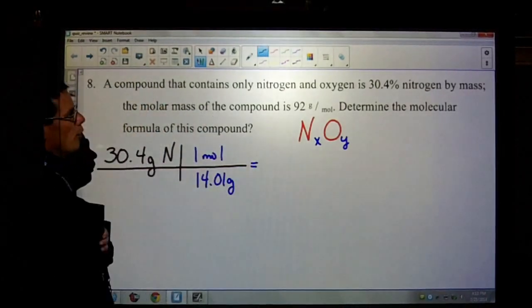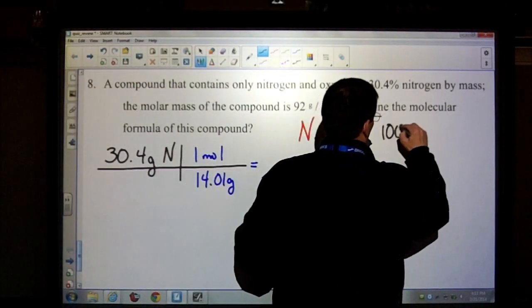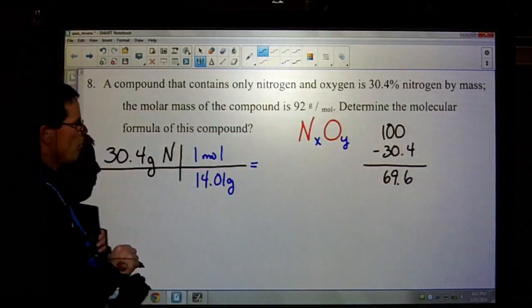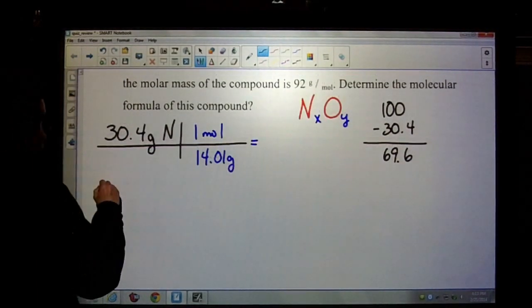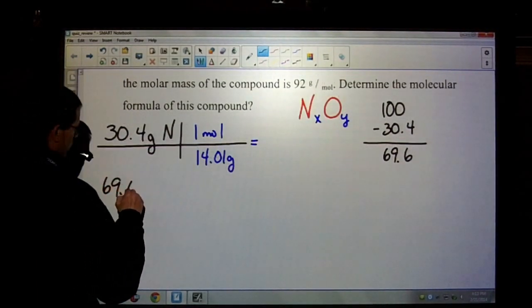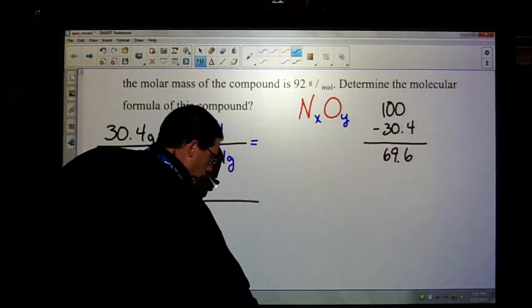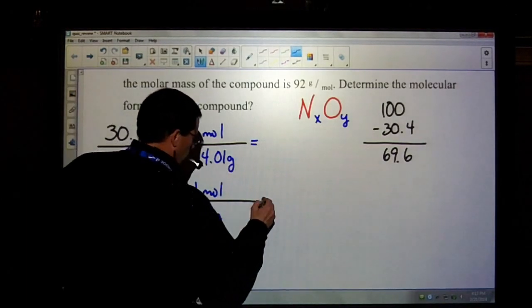And then we'll take the difference between 100 and 30.4. So 100 minus 30.4 is 69.6. So we have 69.6 grams of oxygen. So we'll figure that out. And that is 16 grams.